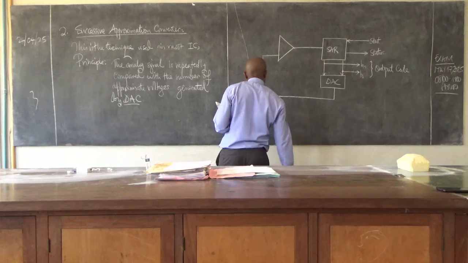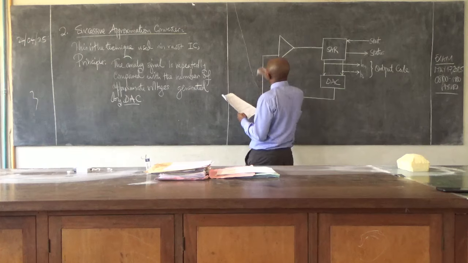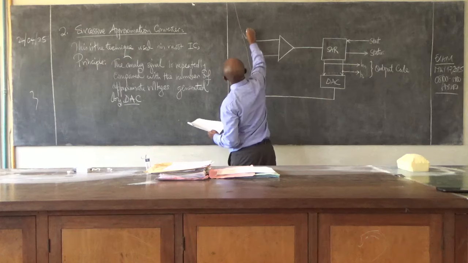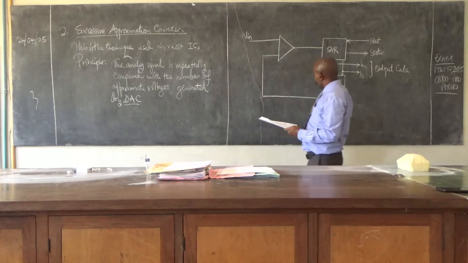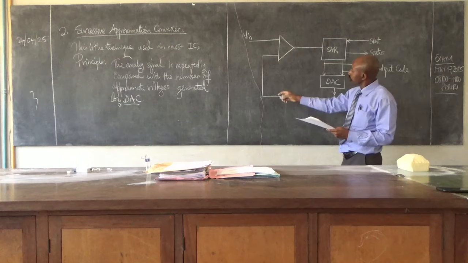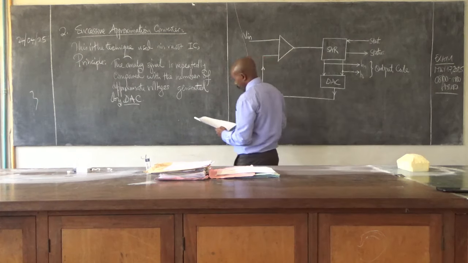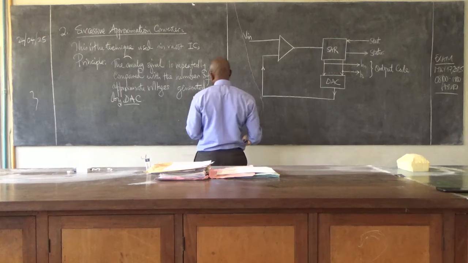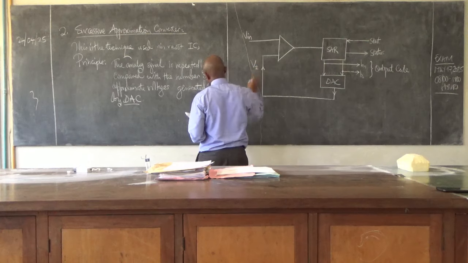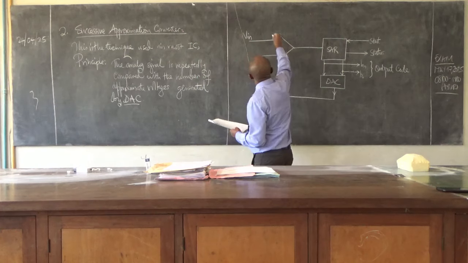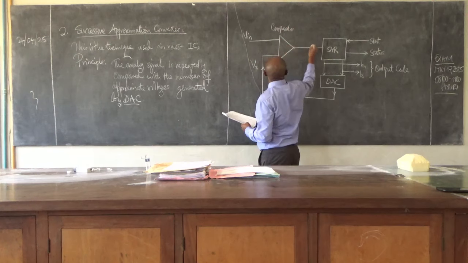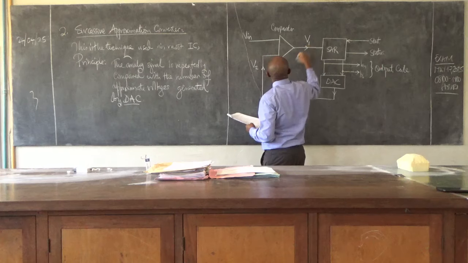We keep comparing the analog signal which we are inputting with the values from this digital analog converter. And this is V2, and then this is the comparator, and this one connects into V1.